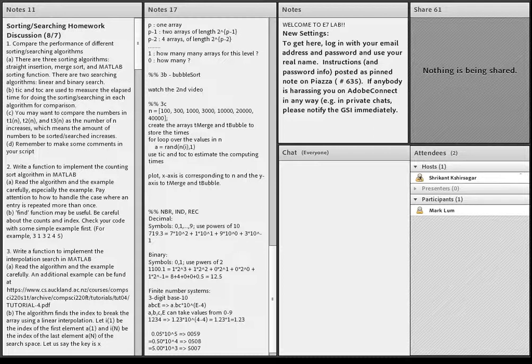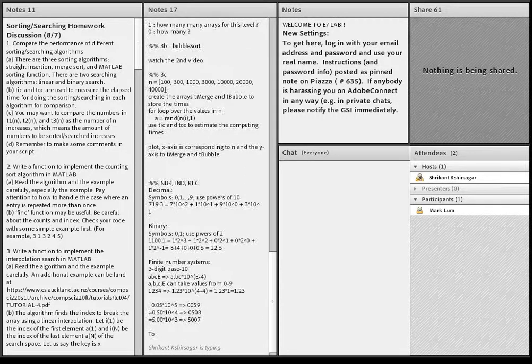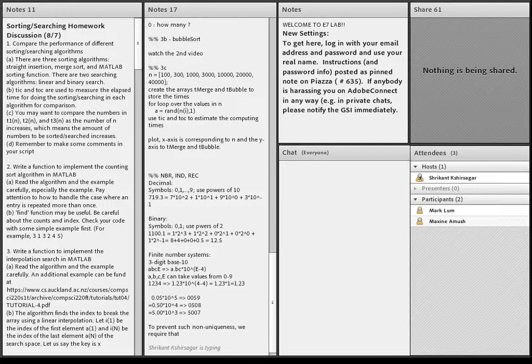So to prevent such non-uniqueness, we require that when A equals 0, E is 0.